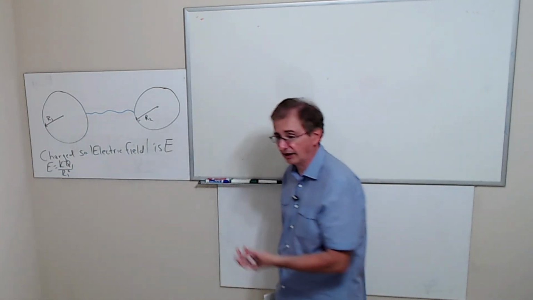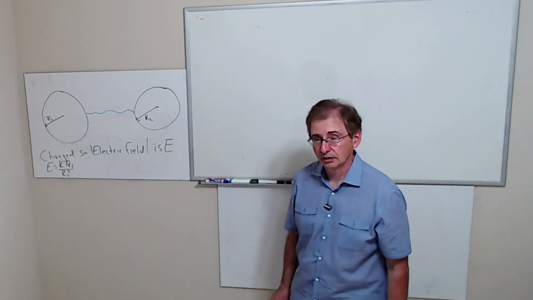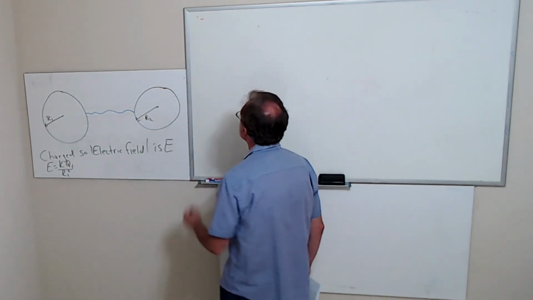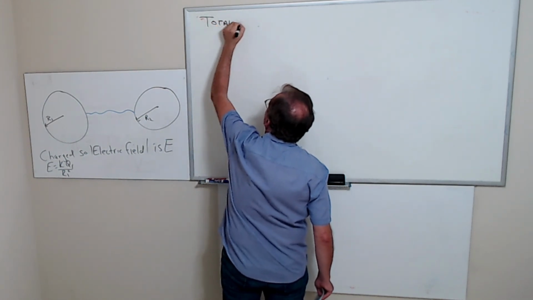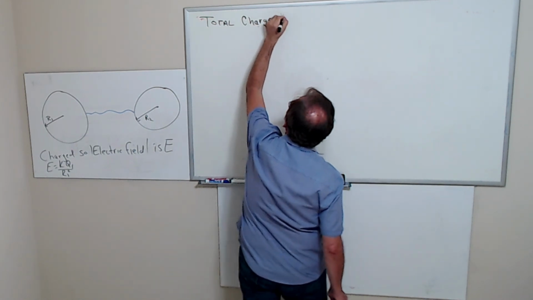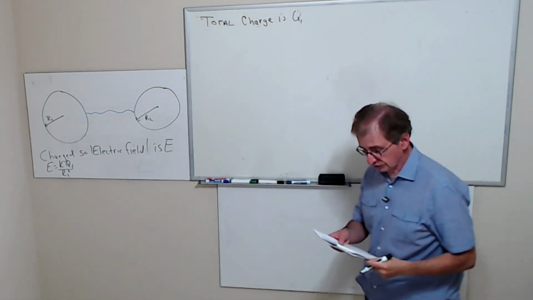Realistically, if I wanted to solve for Q1, I could. The initial charge on this one was 0, so the total charge, we'll call Q1. That's the total charge that we have.